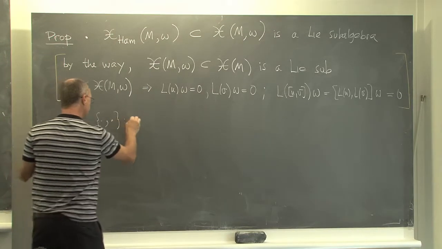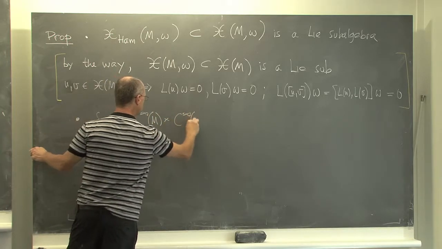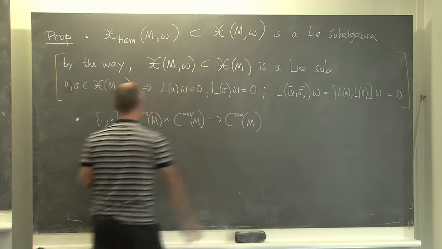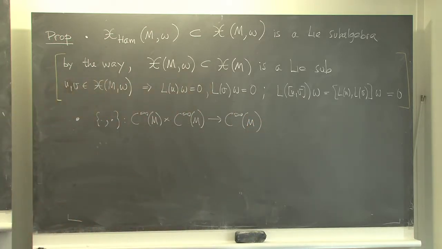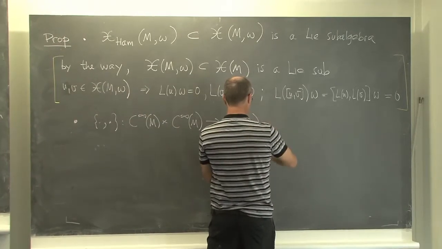Now, there is a map from C infinity of M times C infinity of M to C infinity of M, called the Poisson bracket.